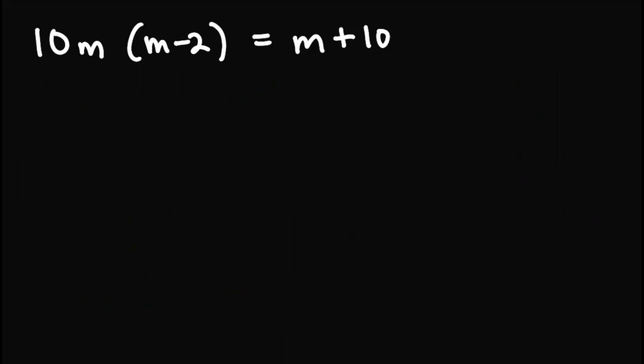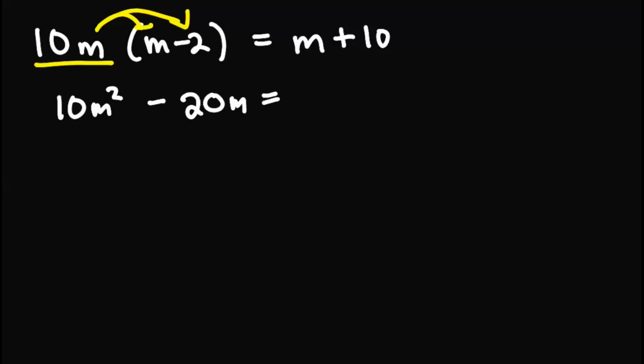Well, there aren't any variable of degree 2 out here since we haven't simplified it. Observe that when we multiply this one out here, we'll obtain 10m squared minus 20m equals m plus 10. And so we now have a variable of degree 2.